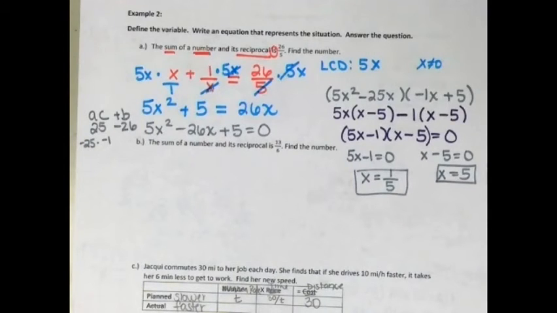The sum of a number and its reciprocal is 13/6. Find that number.